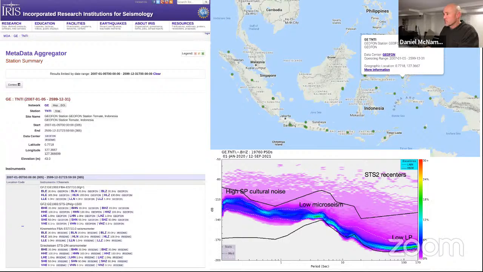The cultural noise is relatively high, but again, the microseism and the long periods look really good, at least on the vertical component, which is again surprising to me how quiet the microseism is in these islands compared to the stations down by Jakarta and Timor and places like that. Okay.